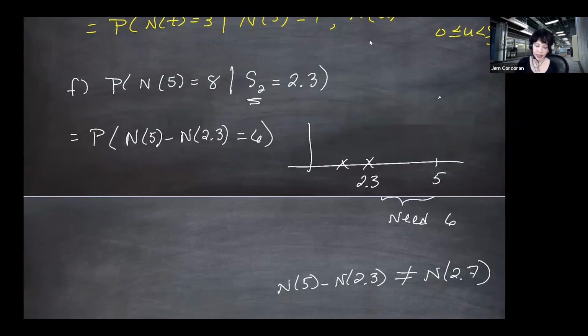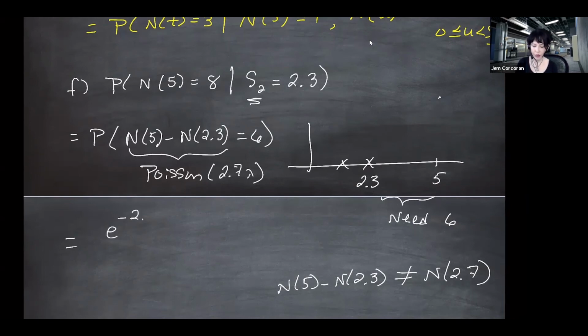I'll just say this is an interval of length 2.7. So this is a Poisson number with parameter 2.7 times lambda. And I want to plug 6 into that Poisson PMF. So I get e to the minus 2.7 lambda, times (2.7 lambda) to the 6th over 6 factorial.